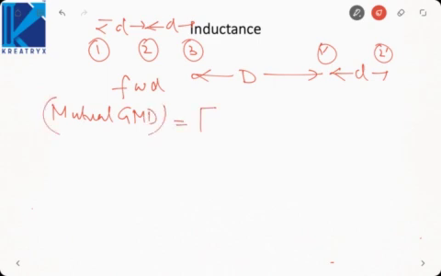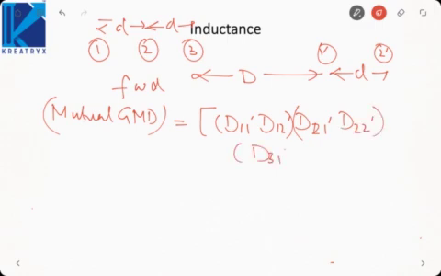Then we will take first d1 1 dash, 1 2 dash, then take 2 1 dash, 2 2 dash. Similarly take 3 1 dash, 3 2 dash. How many terms are coming inside? 6. So raise it to the power 1 by 6. Here n is equal to 3, m dash equal to 2. 1 by m dash n is 1 by 6.